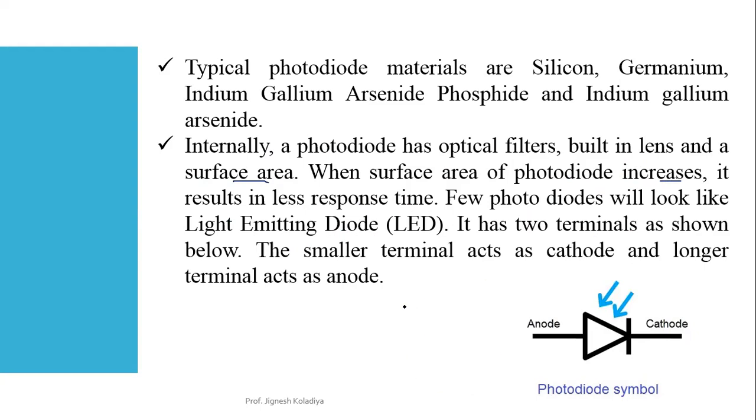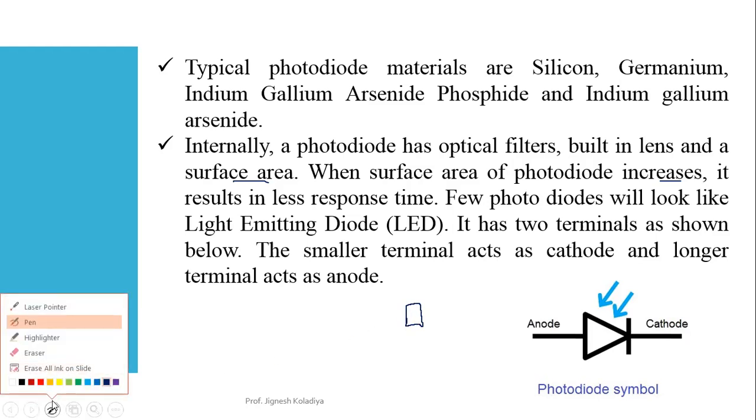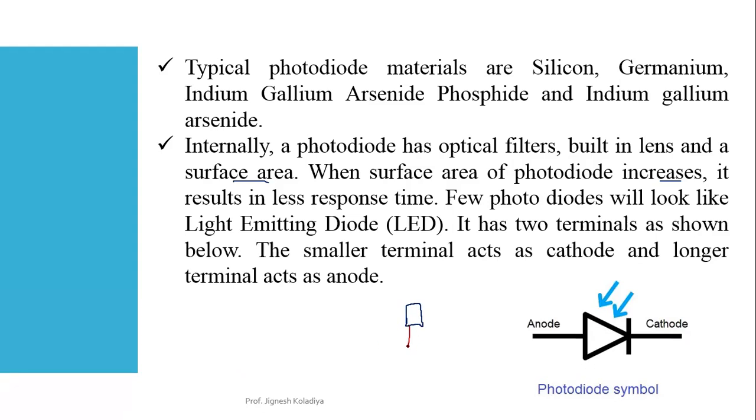So actually, if you see an LED, let us say it's an LED. It has two terminals. One terminal or one leg is long and the second one is short. So the short one is cathode and the long one is the anode.